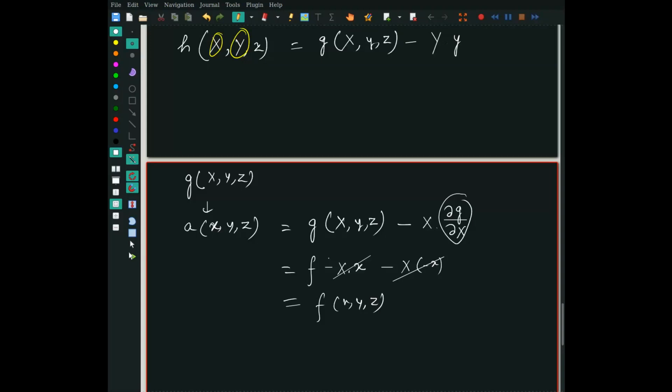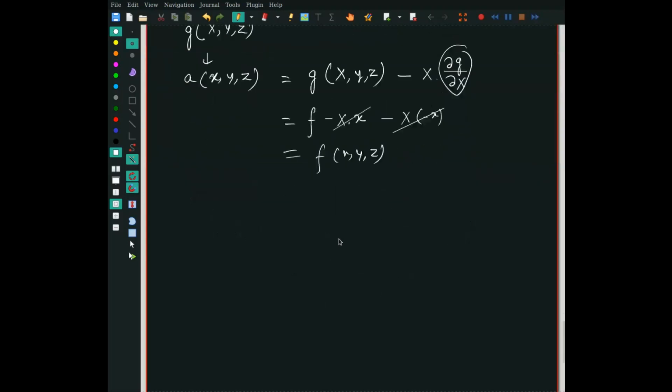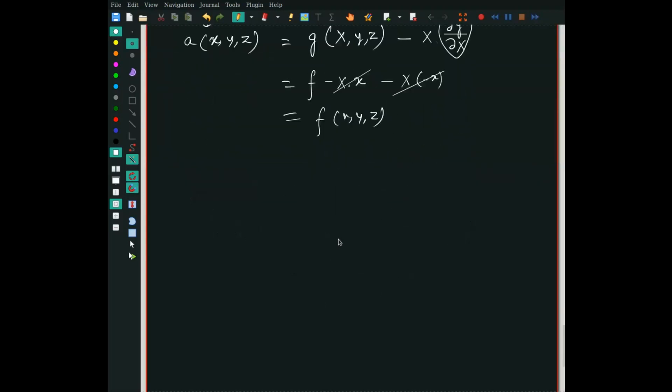Right. Now, the thing is that you have been doing this for quite a while without perhaps realizing that what you are doing is a Legendre transformation. For example, in thermodynamics, the thermodynamic potential. So let me give you an example.